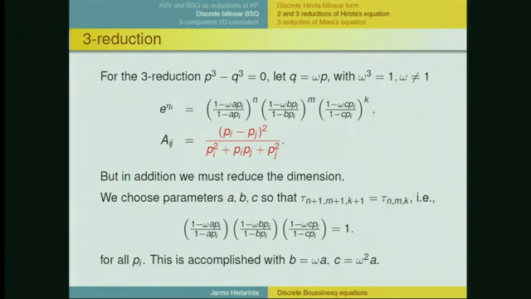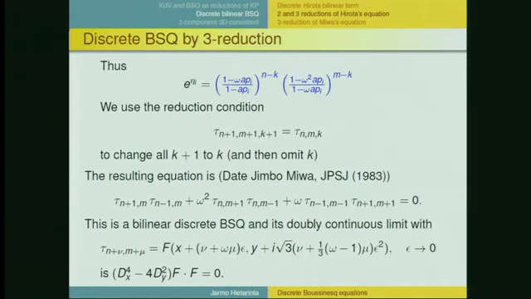Shifting n, m, and k altogether should add up to no effect. So here are the terms. And how can this be 1? Well, if you choose b is omega a and c is omega squared a, then this becomes 1. You can easily see. So now the net result is here. This was the reduction. Then I can use this reduction formula to eliminate k, and I get this equation.